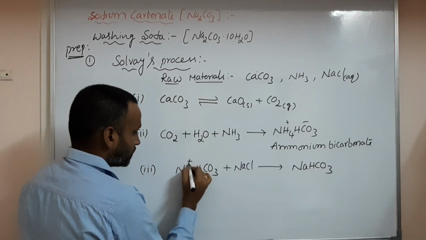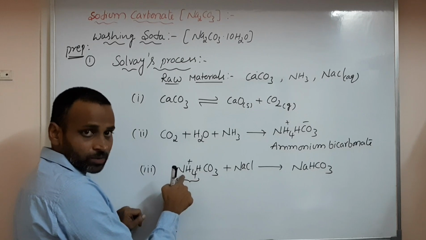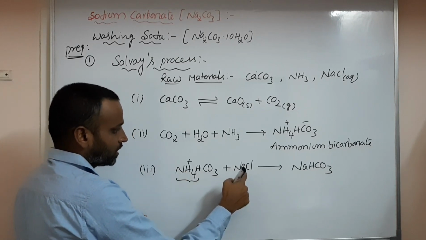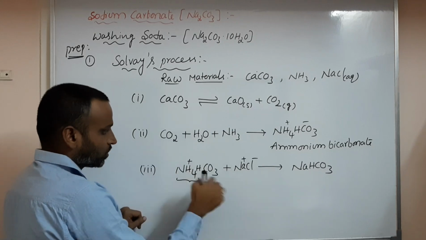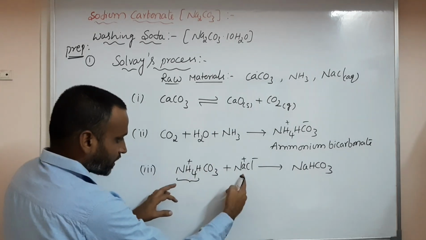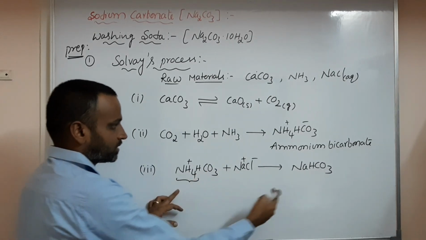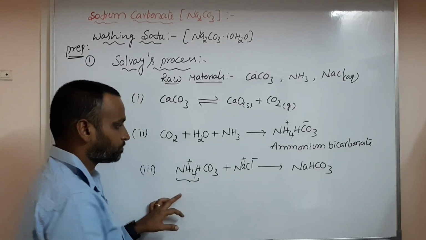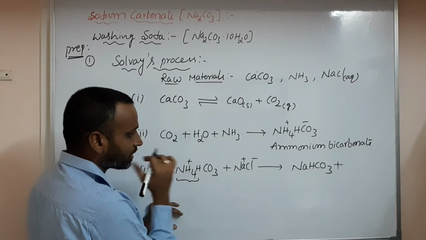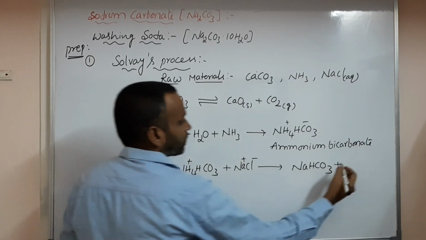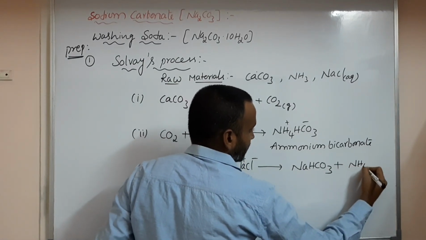What happened? The NH4 plus you have here will be replaced by Na plus. So it is just an exchange: Na plus is replacing NH4 plus. Now you have NaHCO3, plus Cl minus and NH4 plus, so you have NH4Cl.